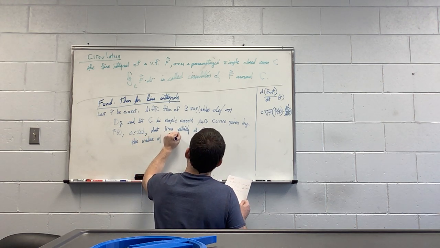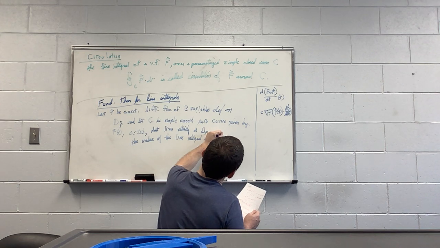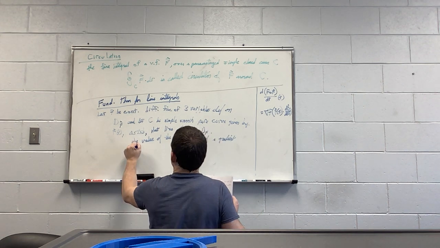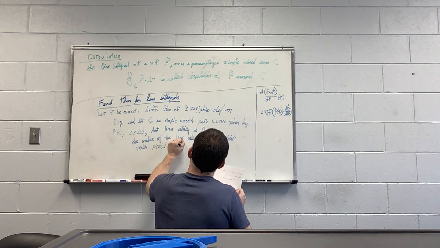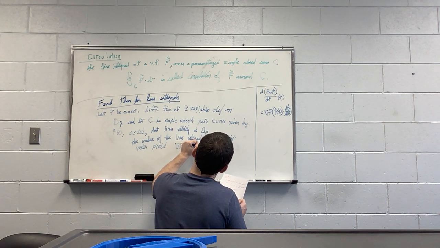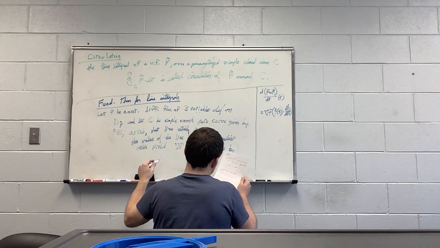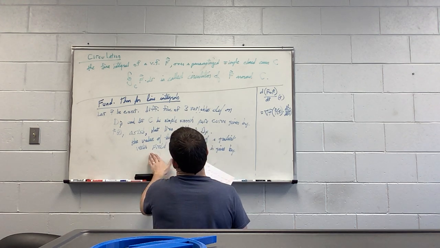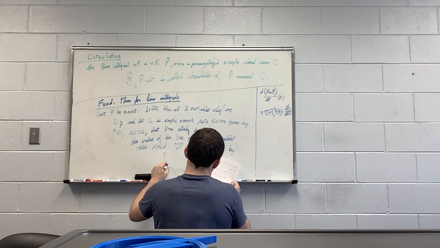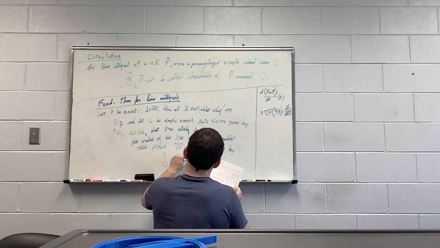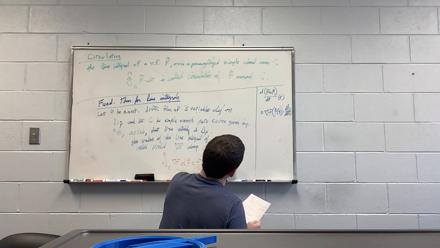The value of the line integral of a gradient vector field delta f along C is given by the integral along C of gradient of f dr is equal to f of r of b minus f of r of a.